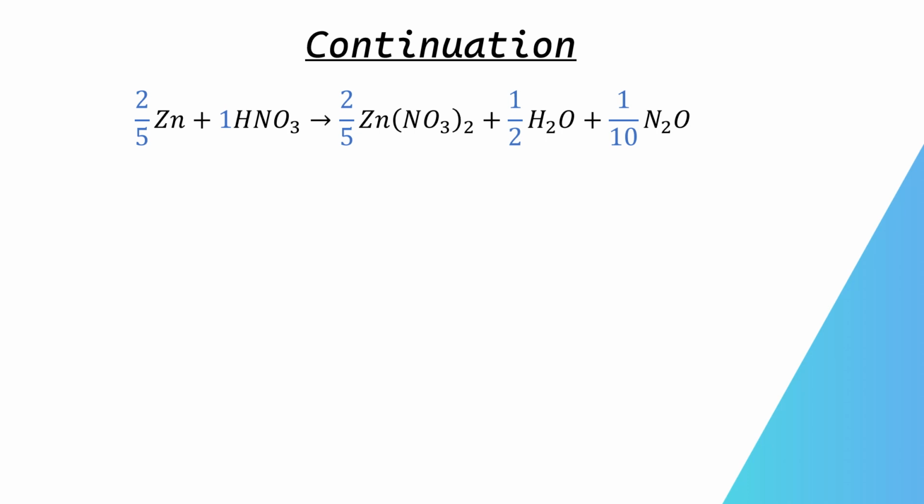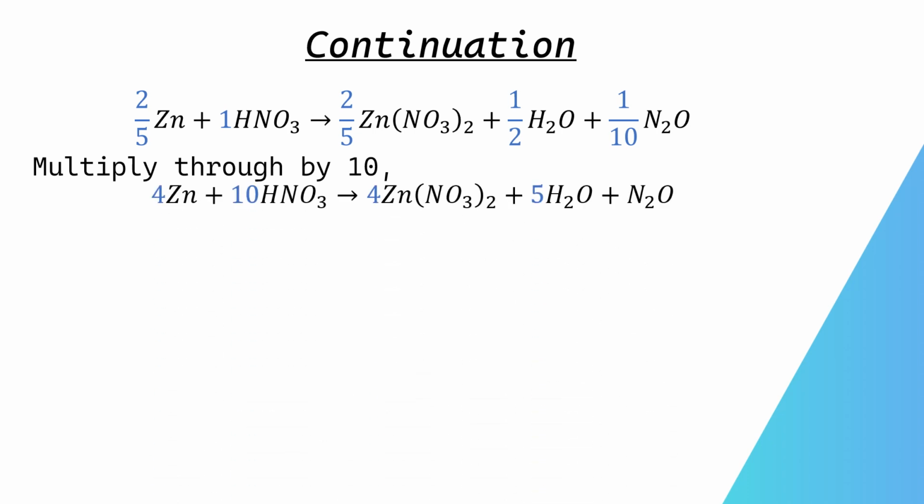When we multiply through by 10, we get 10 times 2/5, 5 will cancel 10 to get 2, 2 times 2, 4. So 4Zn plus 10HNO3 going into 4Zn(NO3)2 plus 5H2O plus N2O. So you see, anytime you have a fraction, you clear the fraction so that you can have whole numbers in front of them.